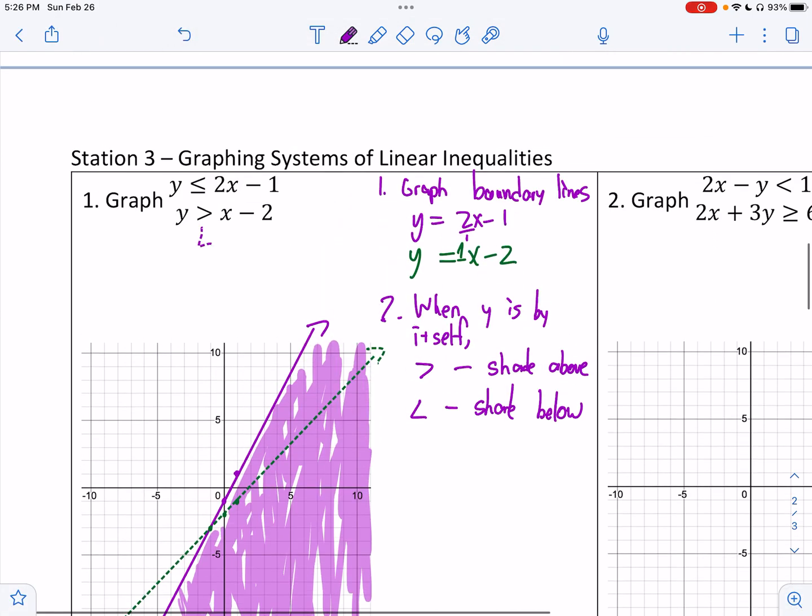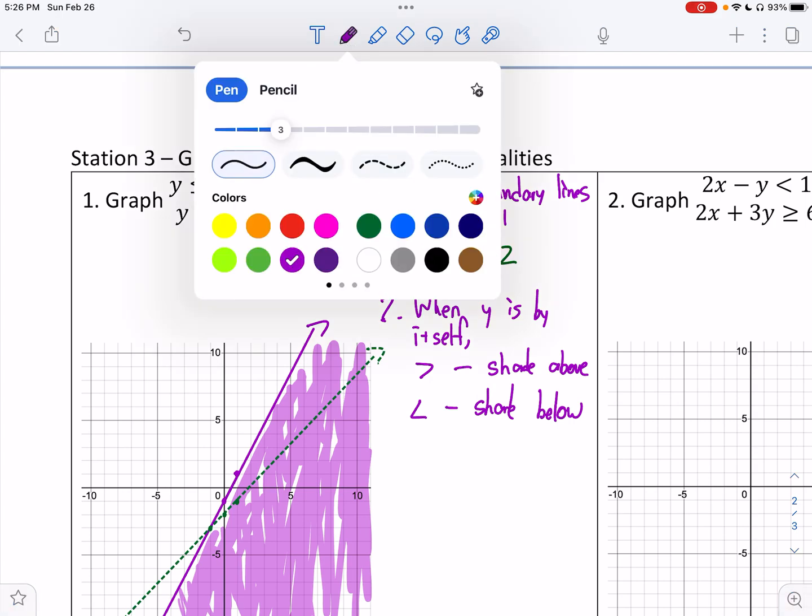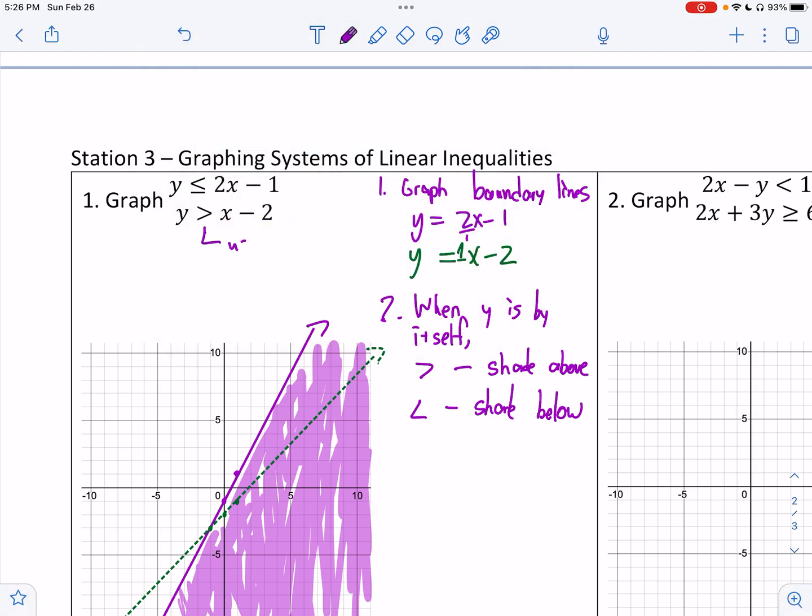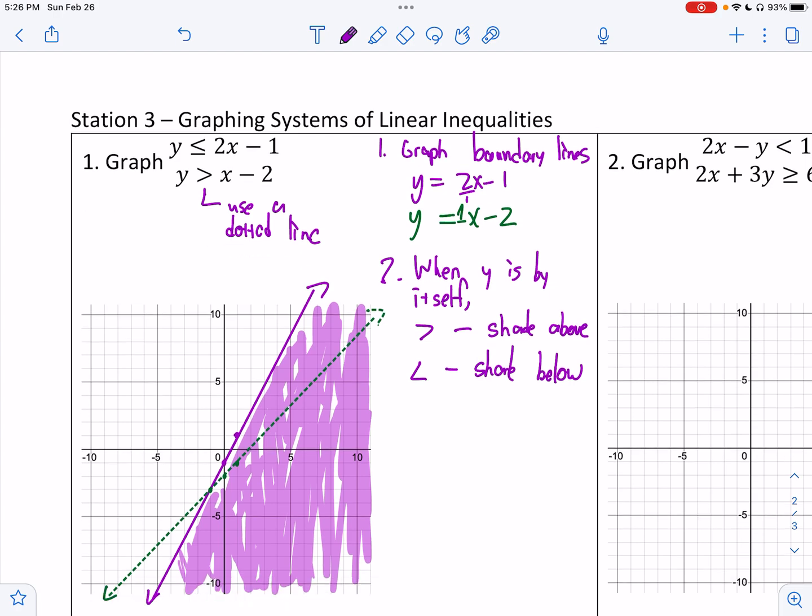So use a dotted line. It's just to communicate that the points on the line are not solutions. For the same reason, we use an open circle when we solve one variable inequalities, because we're not including the point on the line.